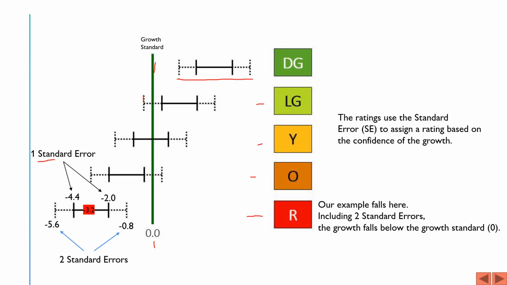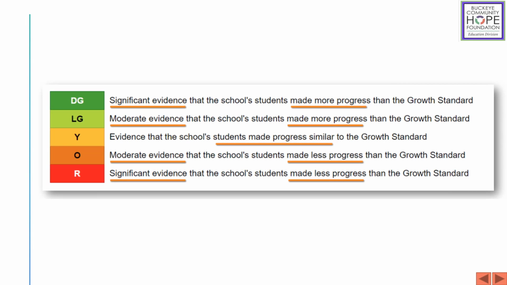Let's put that into the charts that the Ohio Department of Education uses, and even the SAS company that does the calculations uses. With the red, which we saw in our sample, we have significant evidence. That significant evidence is the fact that 1 and 2 standard errors of our growth are below the growth standard of 0. We know there's plenty of evidence to support that.